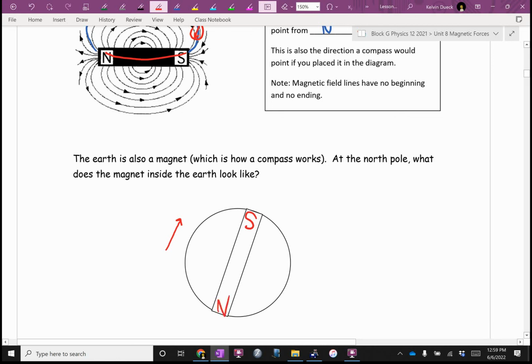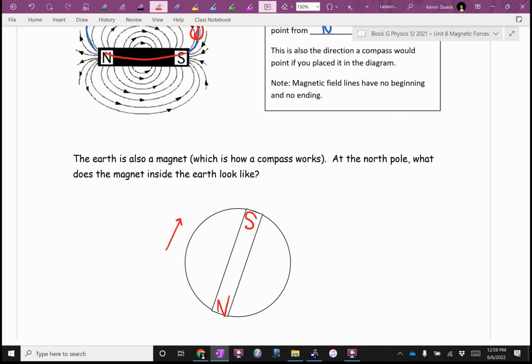It gets really confusing because if you take any navigation courses, they'll talk about magnetic north and they mean where the North Pole magnet is on the Earth, but it's actually a south pole. The magnetic pole isn't bang on our geographic North Pole. It's a few hundred miles away. It drifts.